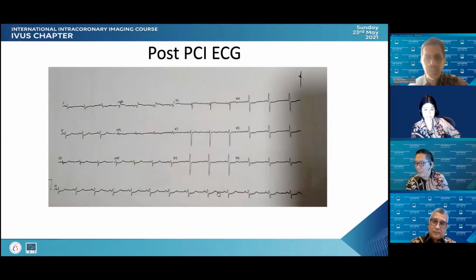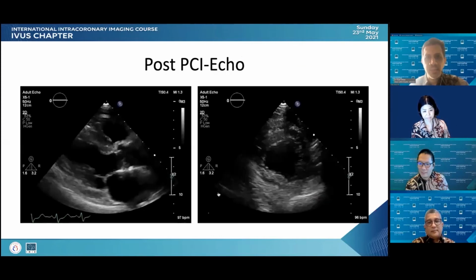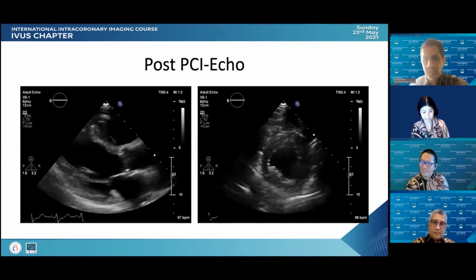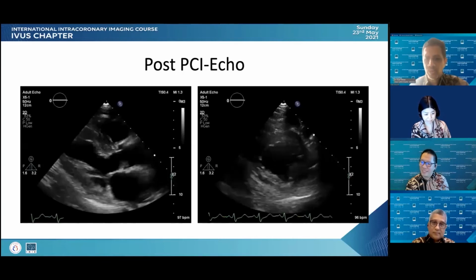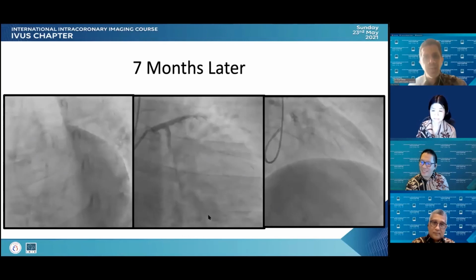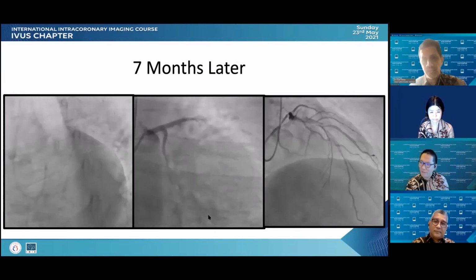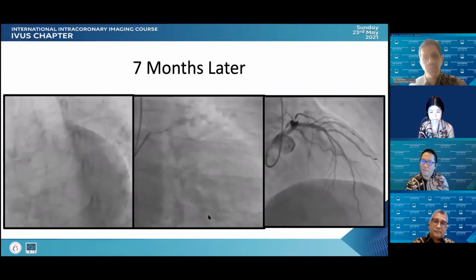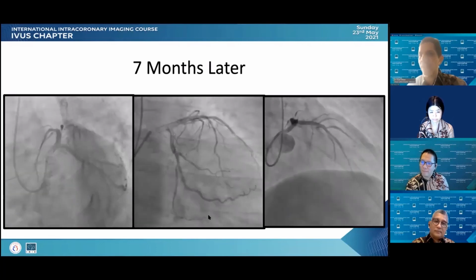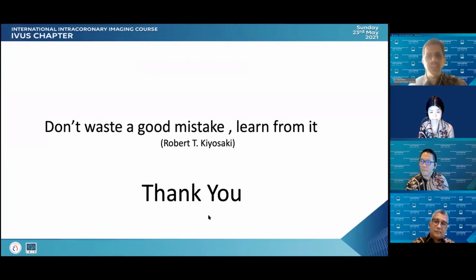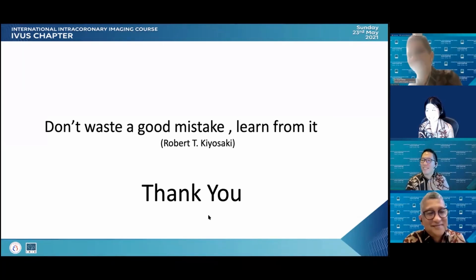The ECG showed a much better ECG compared with the previous one, and the post-PCI echo showed global contractility was fine, and this is 7 months later. I follow up, and it is still fine. That is the result, although there was some sort of misstep in the DK crush strategy. So that's what they say: don't waste a good mistake. Thank you very much.